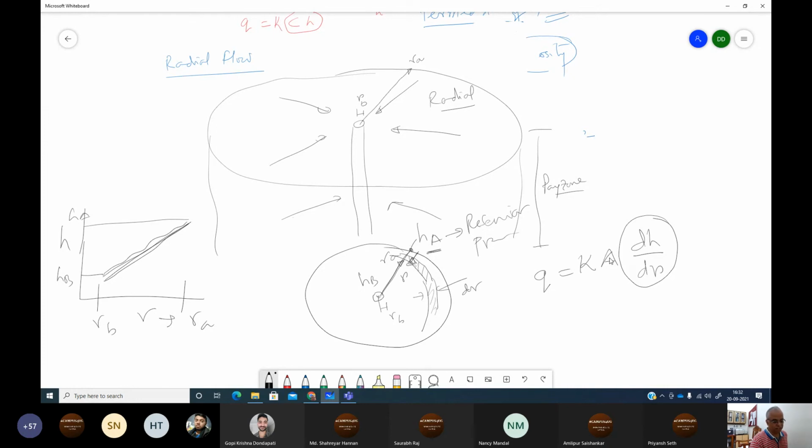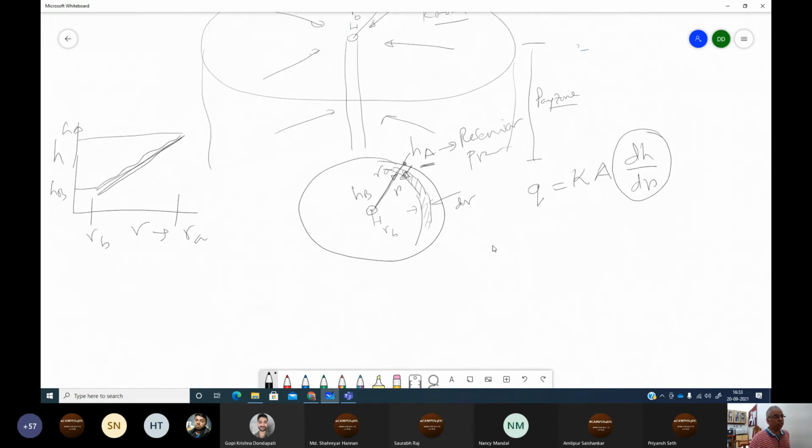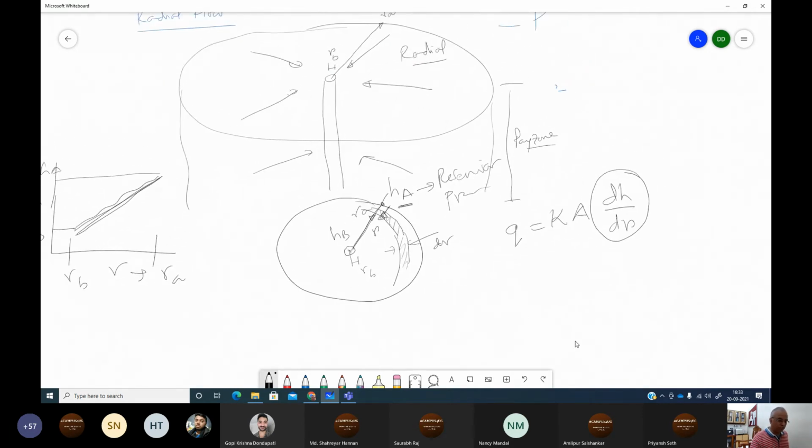Okay. So Q equals K into A dH by dr. This is Darcy's law for radial flow. Okay. So if this is the case, then what is A? A is nothing but the area of whatever this thing is making, anywhere you are seeing.